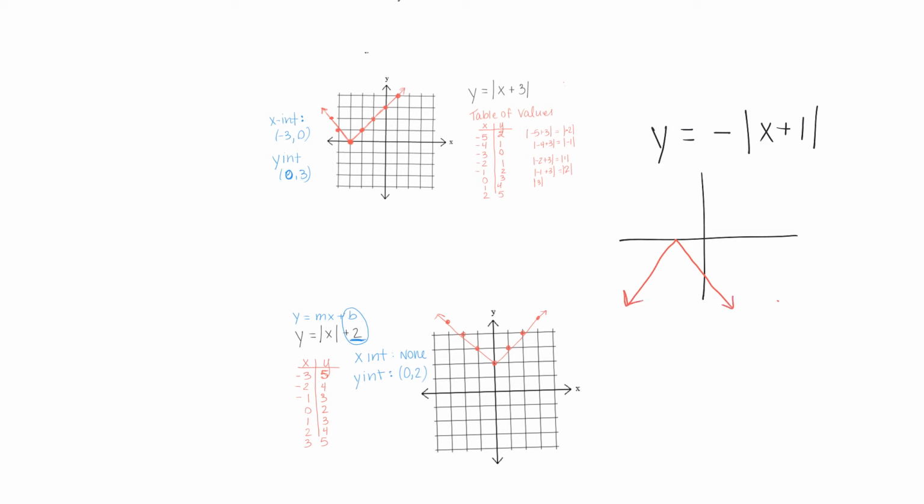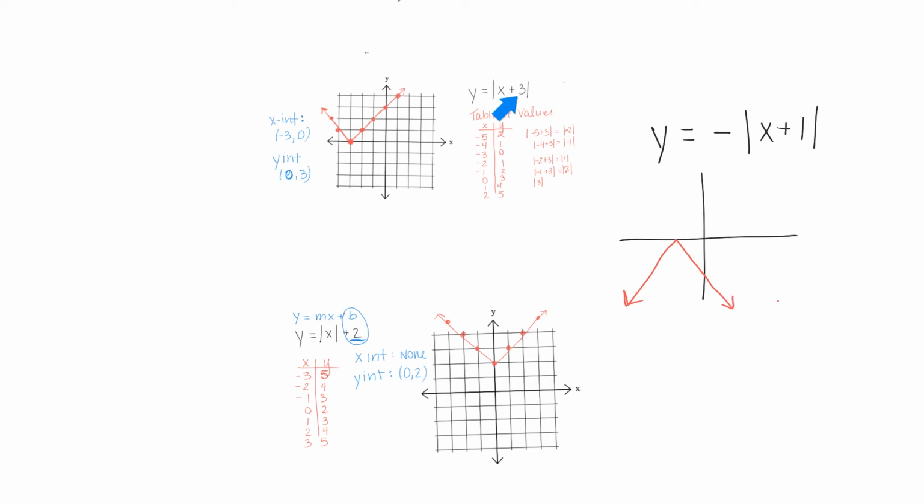Okay. Take a look at this positive 1. Isn't it very similar to this positive 3 that was inside the bars? That positive 1 is going to move our graph the opposite direction, just like we saw in quadratics.